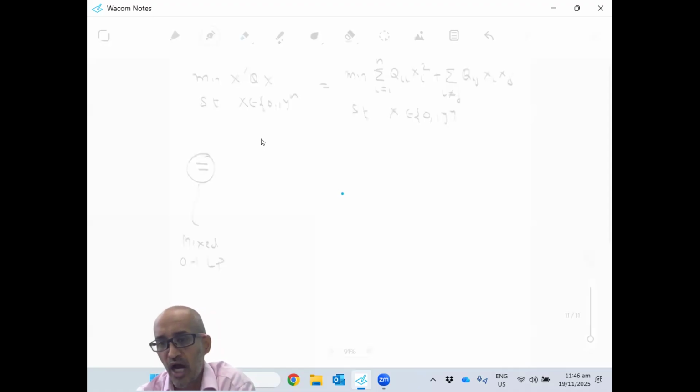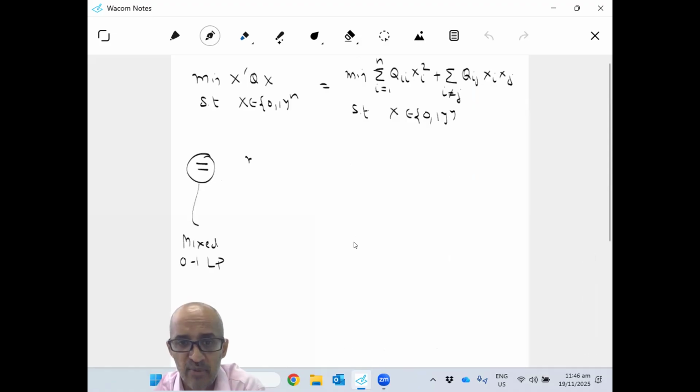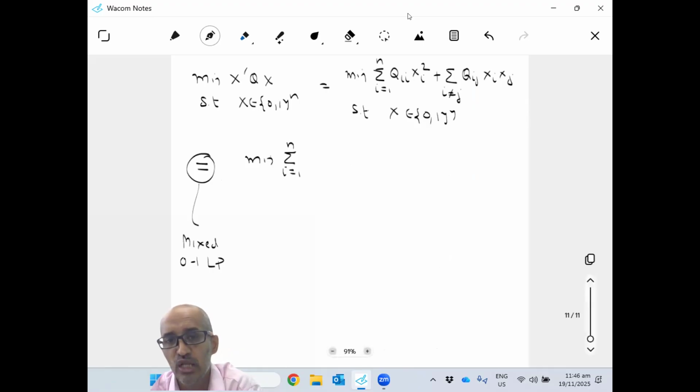What do I do? I showed you a trick for one pair of variables. Repeat this for every pair of variables. Define a new variable y for every pair. Okay, so this is the same as minimum. The first thing is the quadratic terms on the xi squareds are easy to deal with.